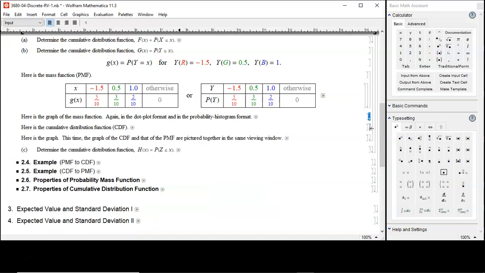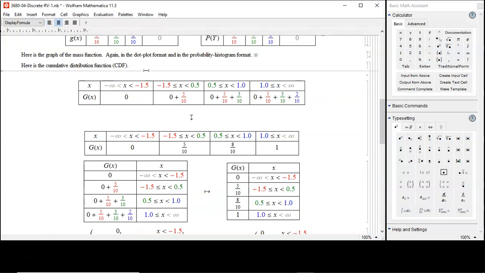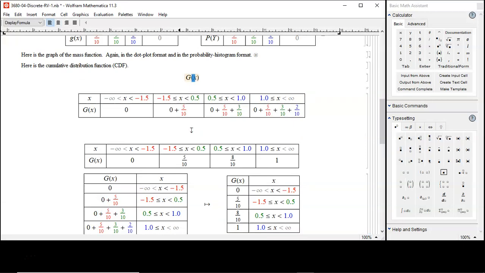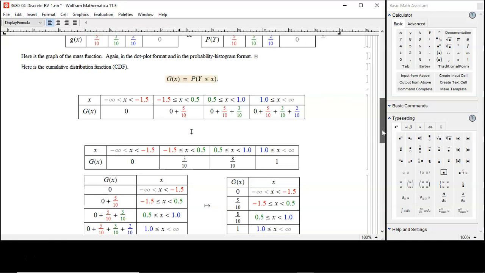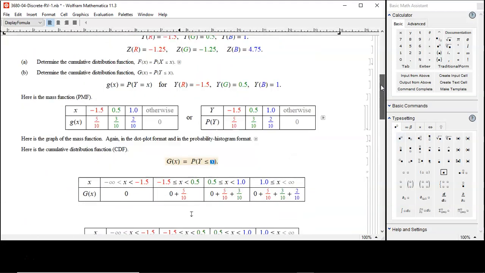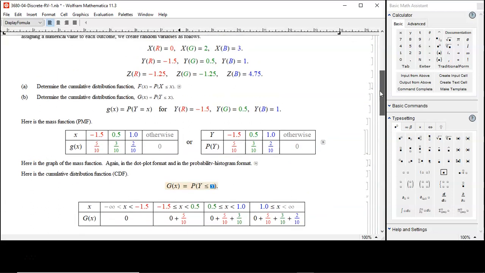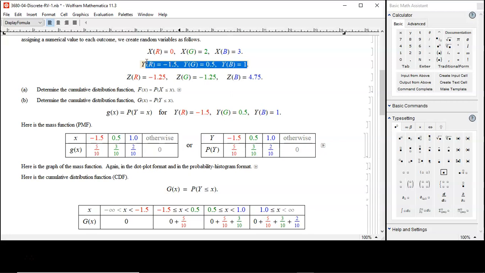Now, the cumulative distribution function. So G of x is equal to the probability of Y taking a value less than or equal to x. When x is really small, say for example negative 100, then none of these is less than negative 100, so I don't have anything, so probability is 0.